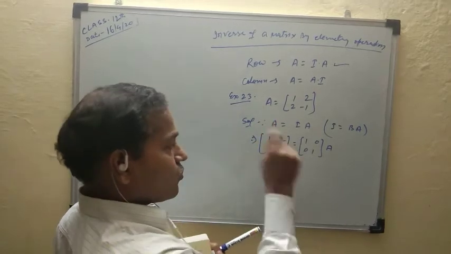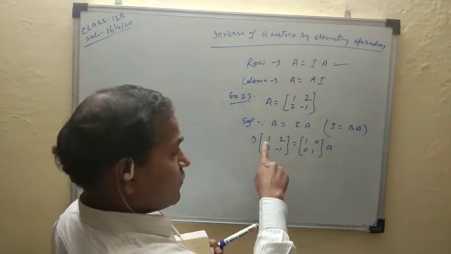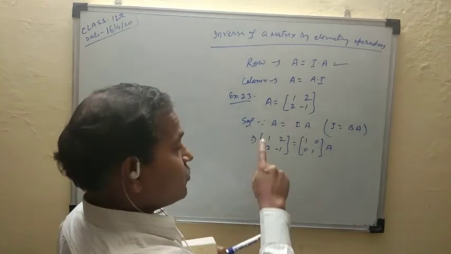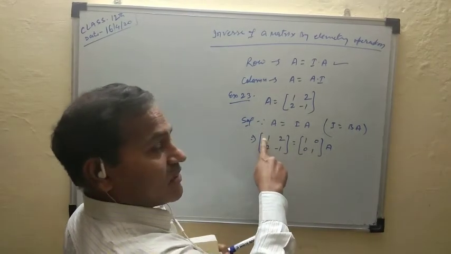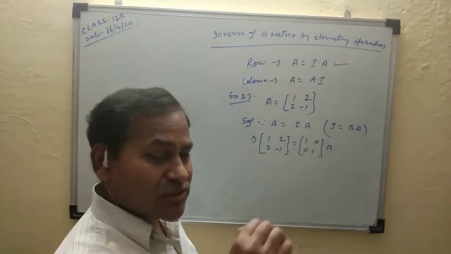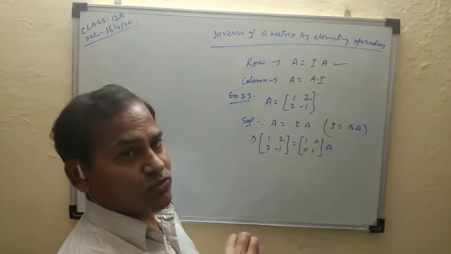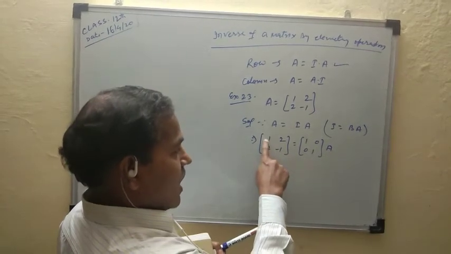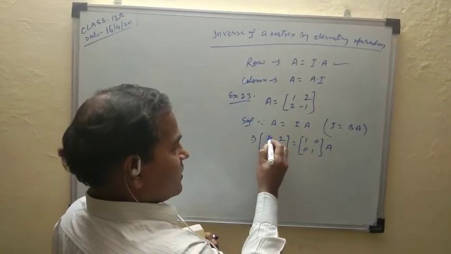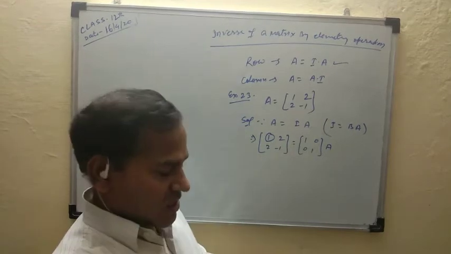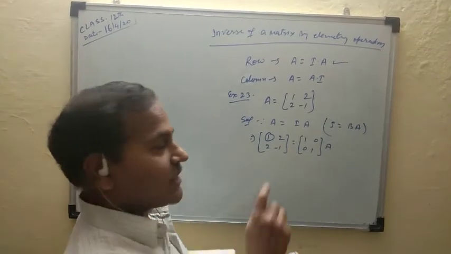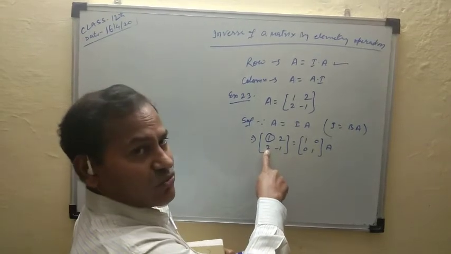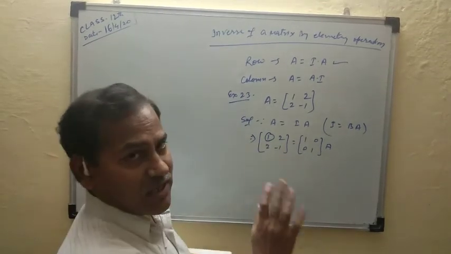Since we use row operations, first make the diagonal element 1, and using this element put the next row entry as 0. The next row entry, that is R2, and R1 has this 1 element, and using this R1 we make the element under the unity element 0.